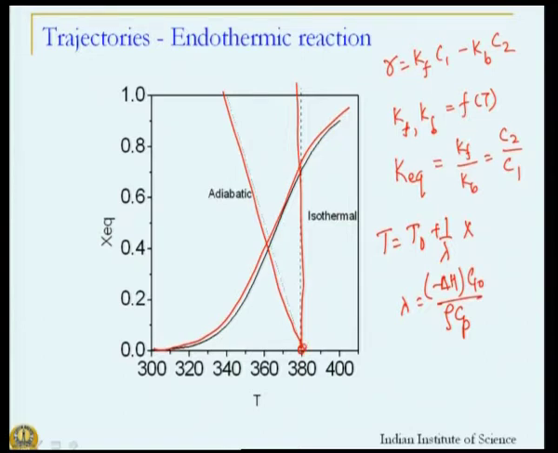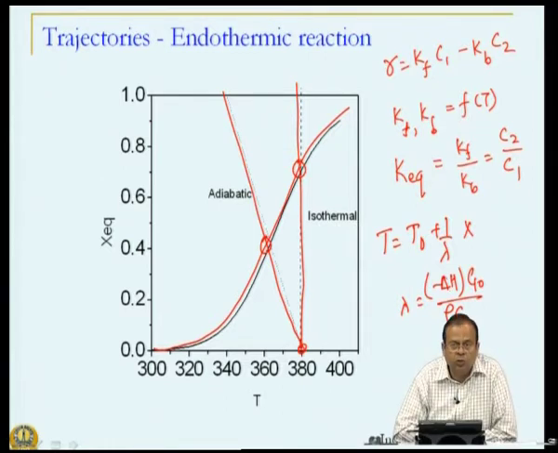If I carry out this isothermally with this particular temperature, my equilibrium conversion will be high and temperature is also high, whereas for an adiabatic process my equilibrium conversion is low and temperatures are also low, because adiabatic endothermic reaction means energy will be removed from the system. So, temperatures will be lower.